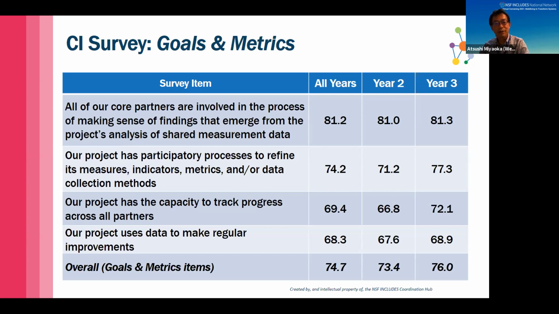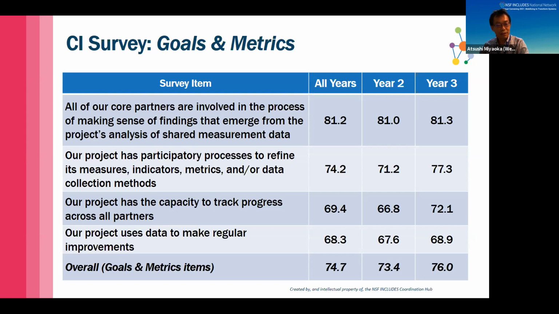On this particular element, we noticed some differences between year 2 and year 3. Alliances with 3 years of NSF INCLUDES funding are slightly more likely to have a higher composite score for "our project has participatory processes to define its measures, indicators, metrics, and/or data collection methods," which is 77.3 compared to 71.2.